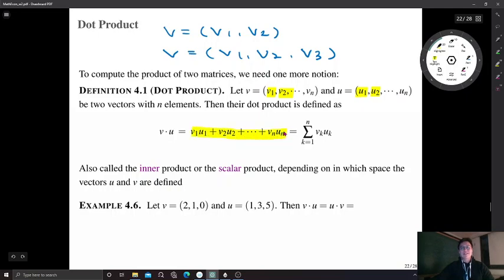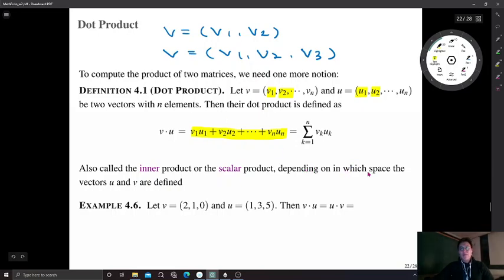If you are familiar with sigma notation, summation notation, we can rewrite this compactly: the summation of V sub k times U sub k, where k goes from 1 to n. If you're not comfortable with this notation, please tell me at the live lecture this Friday, and I'm going to explain that.